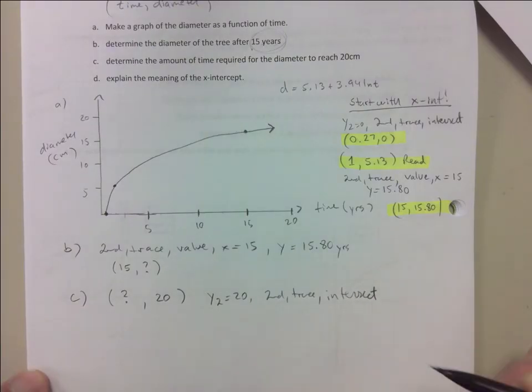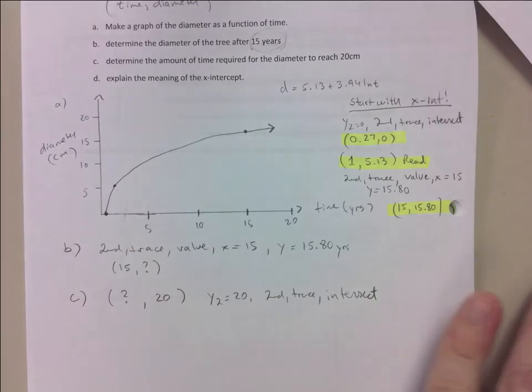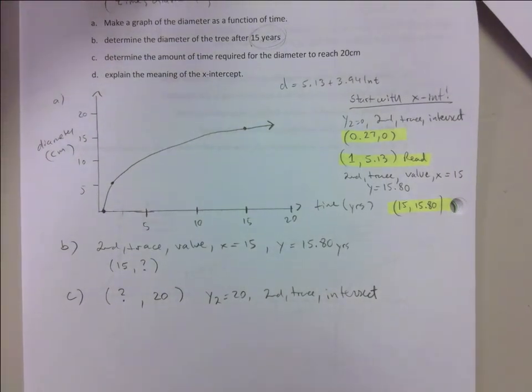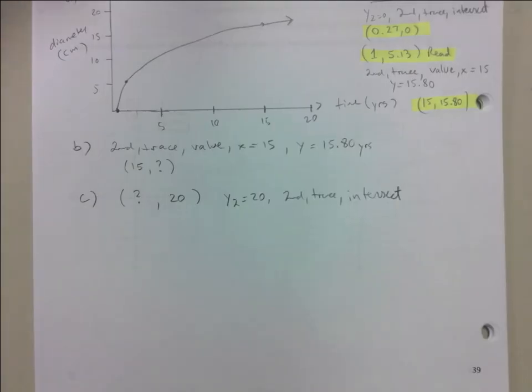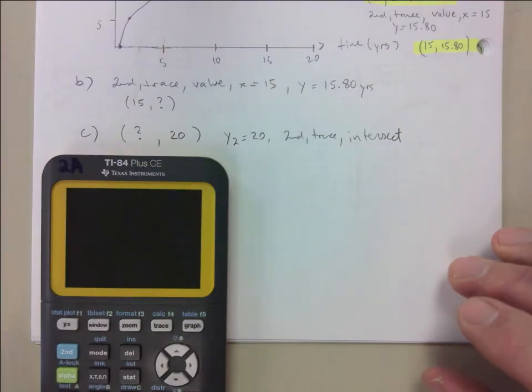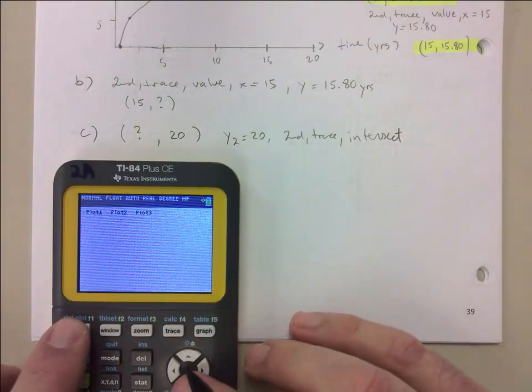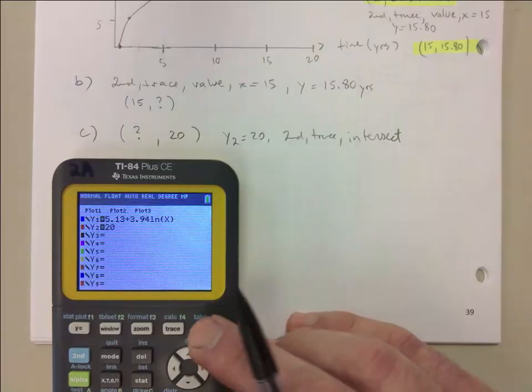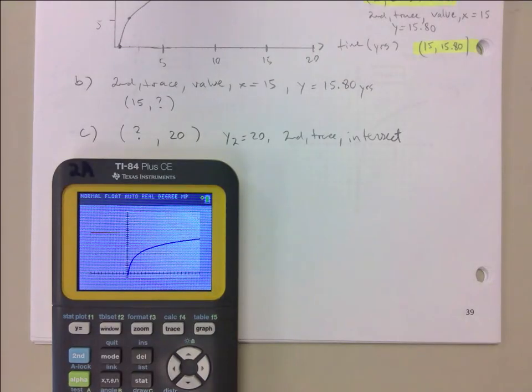And I would have to say this again: always make sure you adjust your window accordingly. It may not work out for you if you don't first change your window parameters so that you can actually see this. So I'm going to try it and see what happens. Y2 is equal to 20. Hit graph. And it's not meeting, right? Based on my window, it's not meeting.